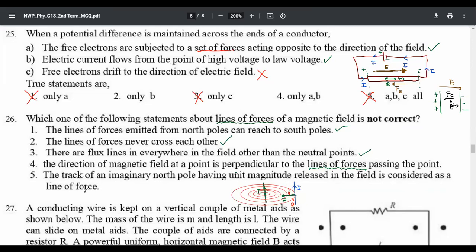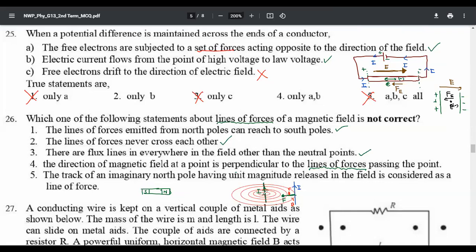And the fifth one, what does it say? The track of an imaginary North Pole having unit magnitude released in the field is considered as a line of force. I'm not sure what they mean by this. I think they are talking about magnetic field lines. If they are talking about magnetic field lines, the fourth should be the answer.